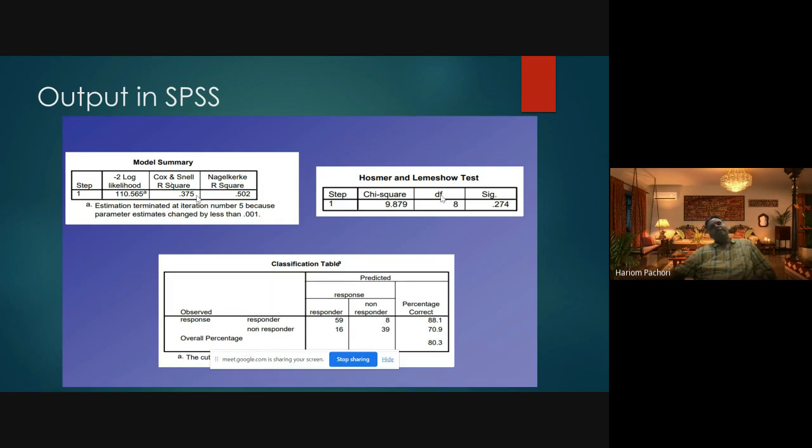Whenever you are performing logistic regression, you need to report this third one, the Nagelkerke R square value, and this is coming 0.502. How to interpret this? Like the R square value we discussed in linear regression, this is about your model fitness.